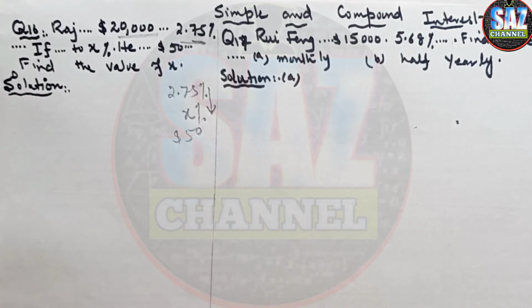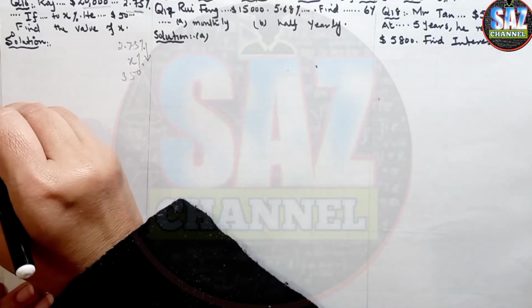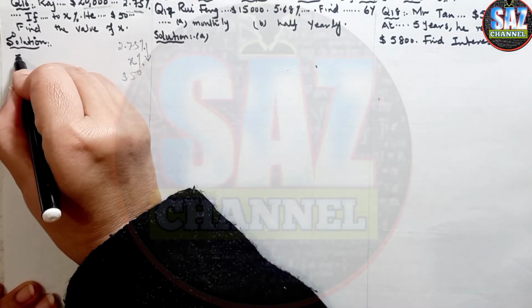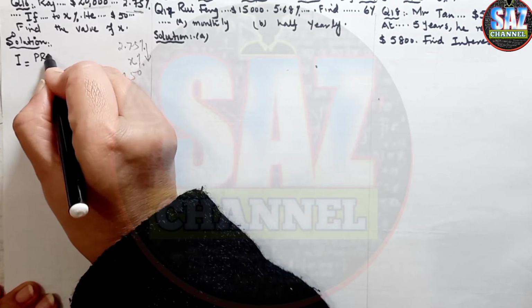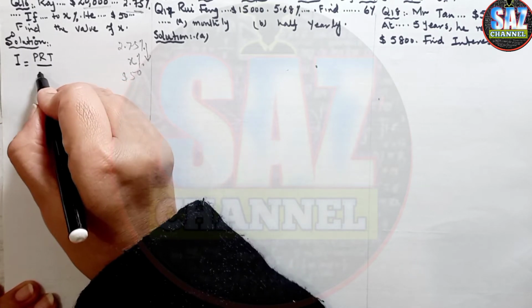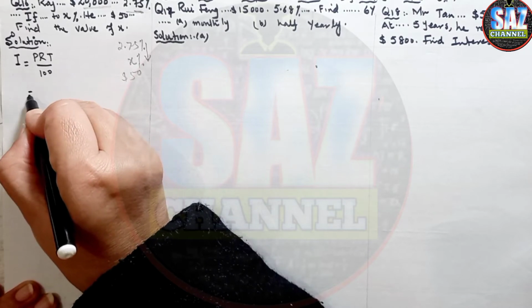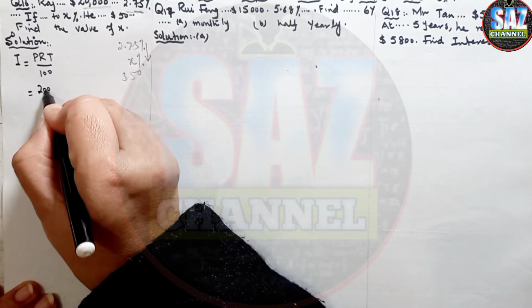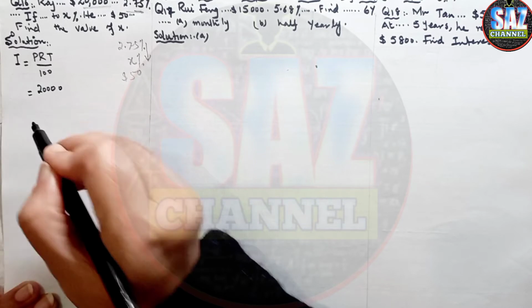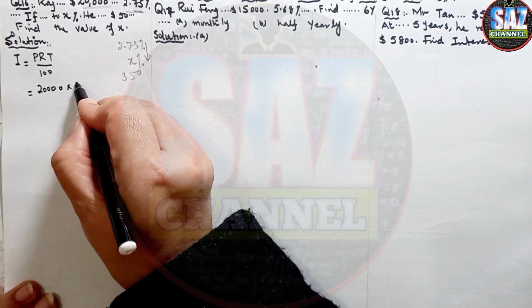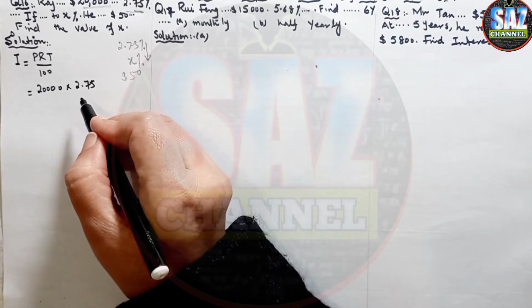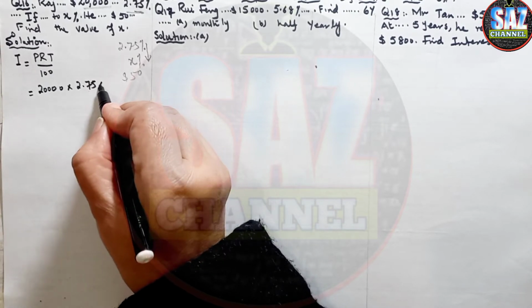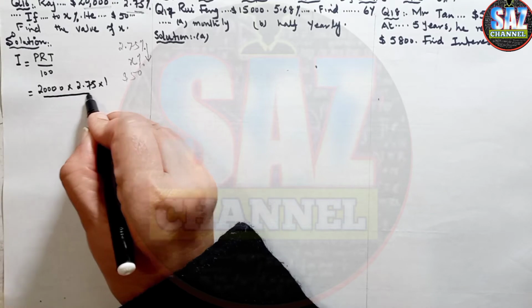Okay, now let's move to the solution of the question, and let me write down the formula. As we know, the formula for the simple interest is I equals P R T upon 100. Now principal is 20,000, rate is 2.75, and what's the time period? Time period is 1 year, upon 100.